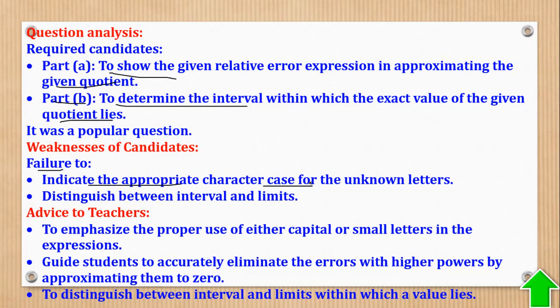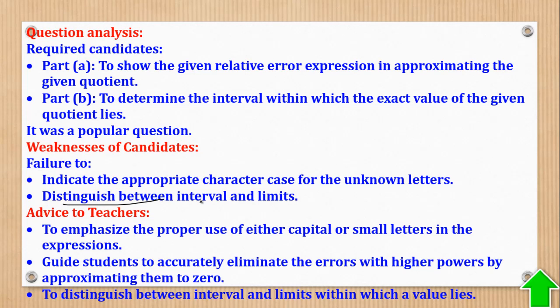When you interchange the case of the letters, it is not okay. Like I told you, the easiest way to distinguish is to look at the required expression. If they used uppercase letters, it implies that the uppercase are the approximate. If they used lowercase, it means that lowercase are the approximate. Otherwise, everything will not be okay.